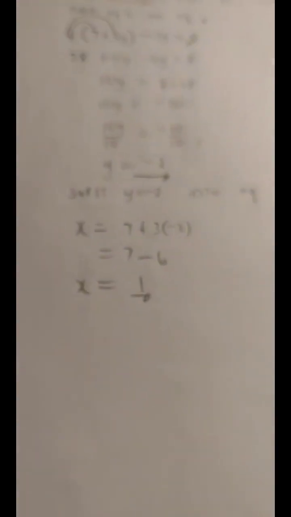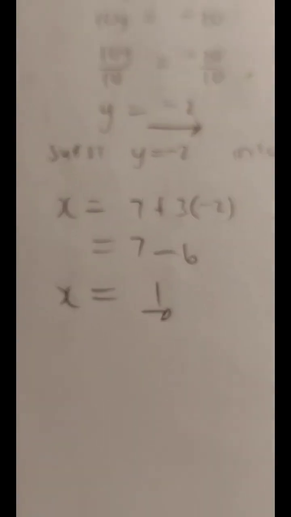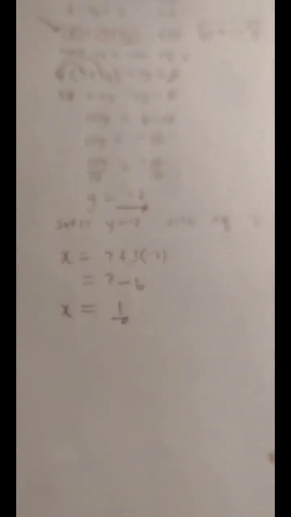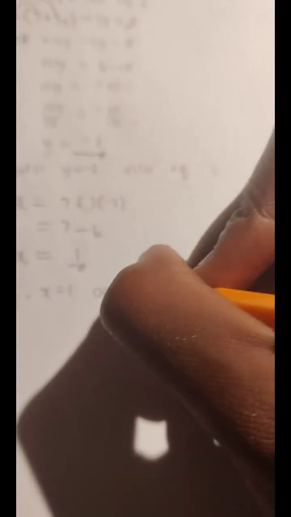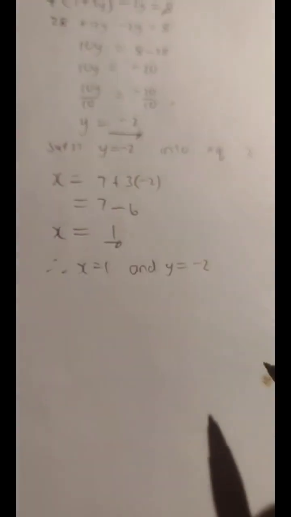But 7 minus 6 is 1. Therefore, x is equal to 1 and y is equal to negative 2.